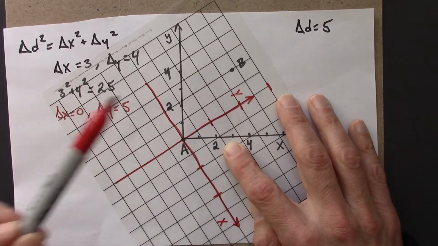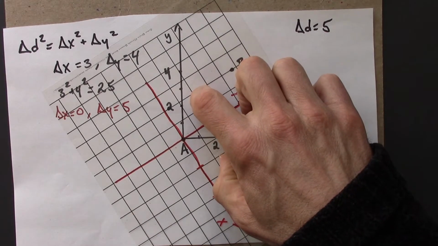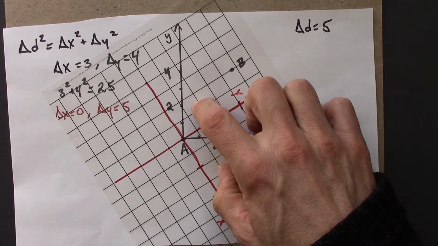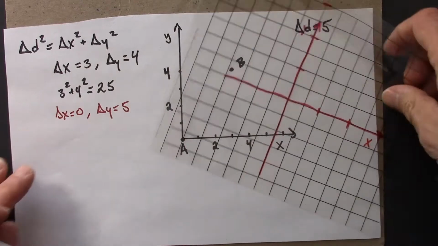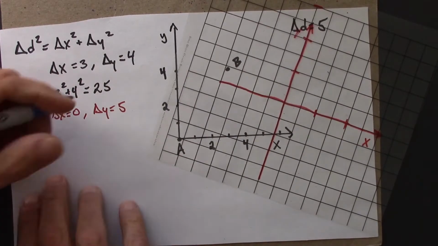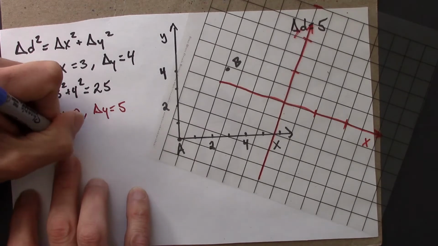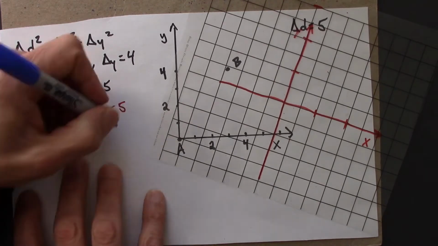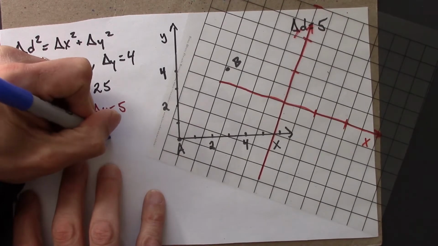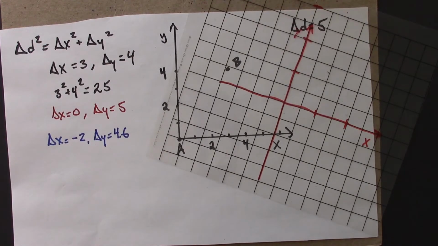This is 5, that's a little less than 5. In this coordinate system, which I'll do in blue, even though this is still a red axis, delta x would be minus 2, and then delta y turns out to be right around 4.6.